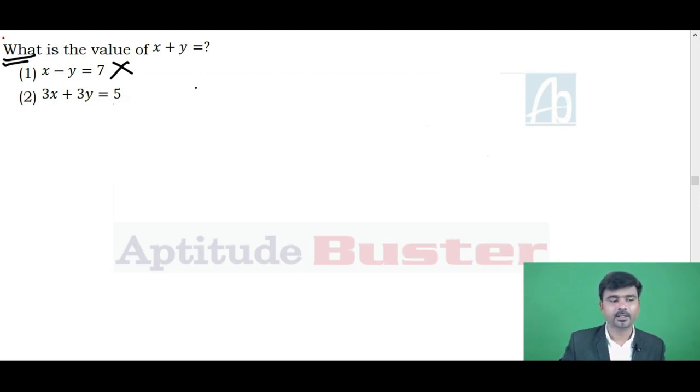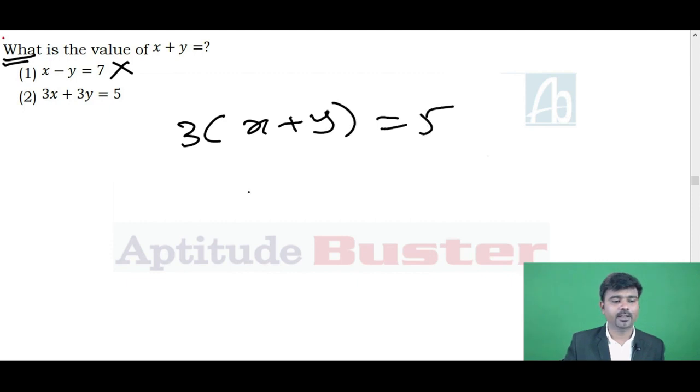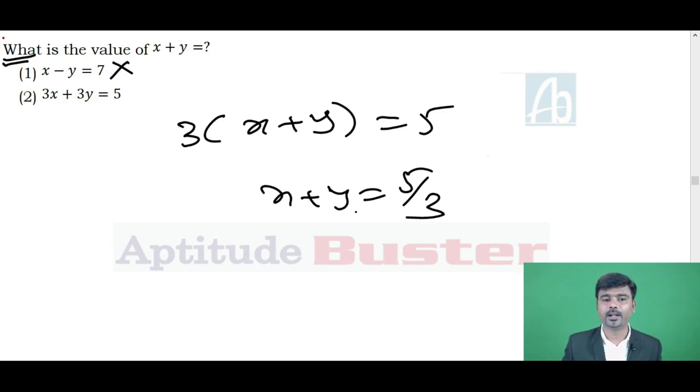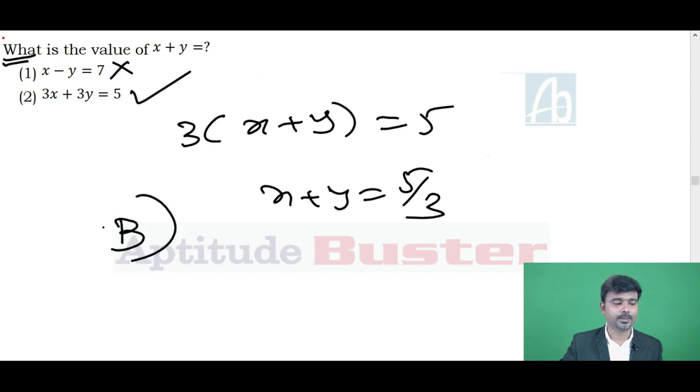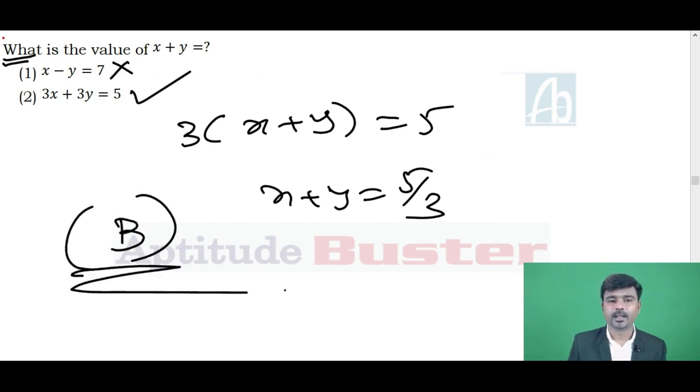Yes. Take 3 outside: x plus y is equal to 5 by 3. It's possible to find the value of x plus y using the second statement alone. The option for this question is B. No need to solve like this; I solved it for the explanation only.